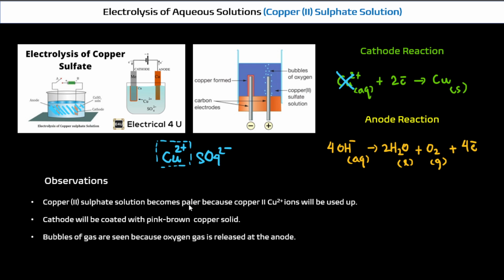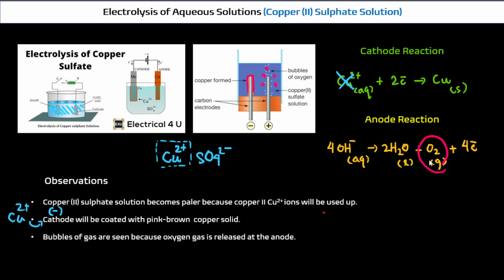At the cathode, which is your negative electrode, Cu2+ will be attracted towards the cathode, so it will form a pink brown solid, copper solid. And we are also going to see bubbles of gas, because oxygen gas is being released at the anode.